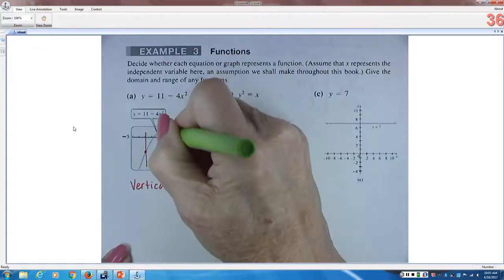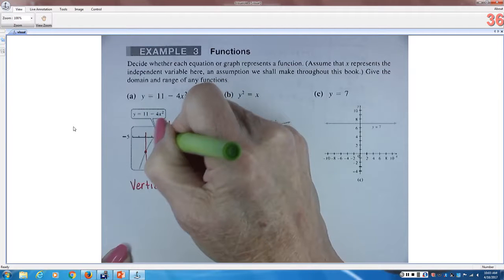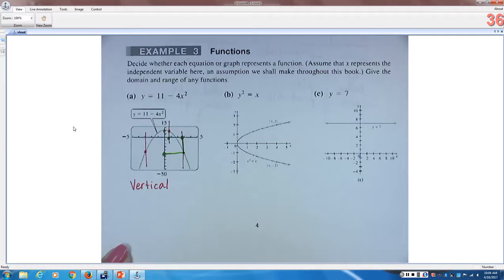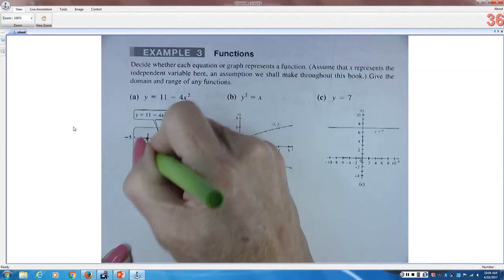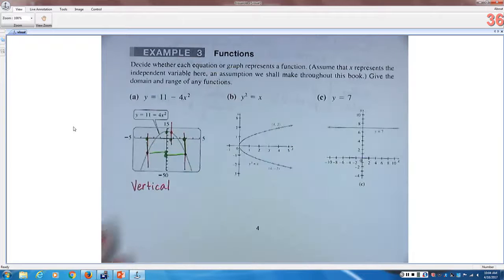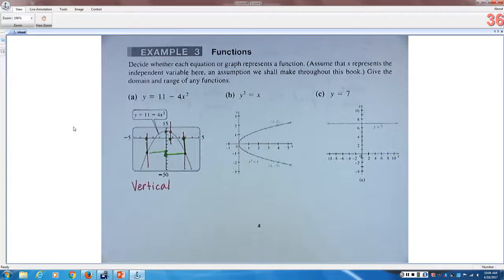So for this x value, I get that y value. For this x value, I get that y value. So a vertical line test only works because it shows you that for each x value on that function, there is one and only one y value.